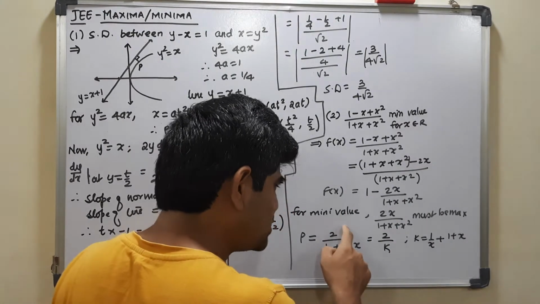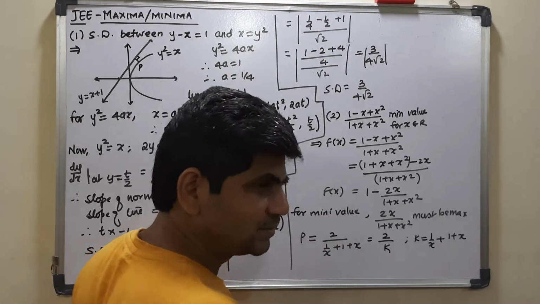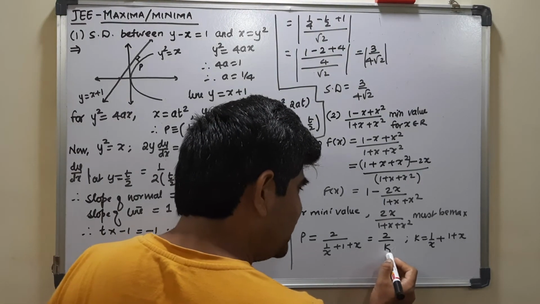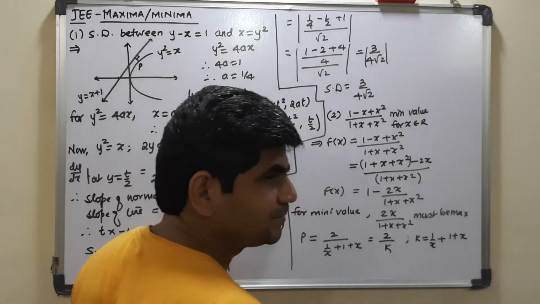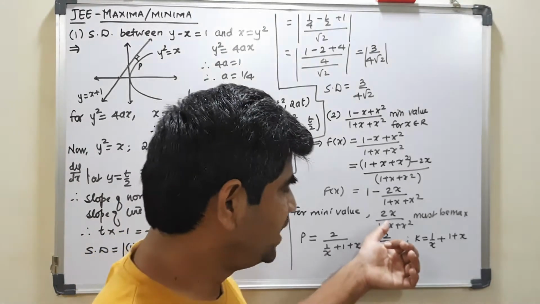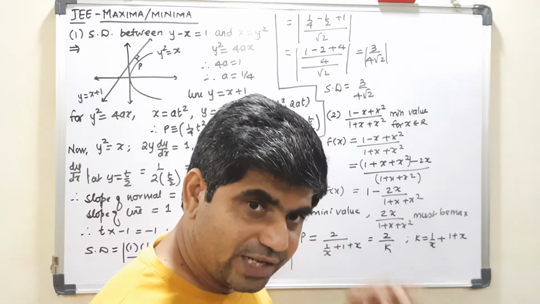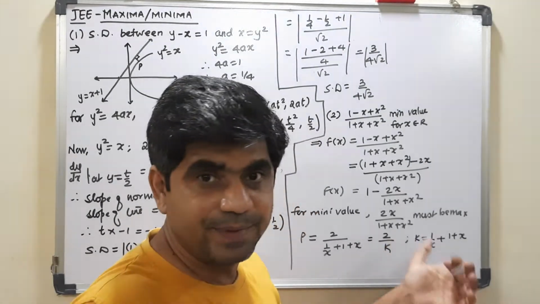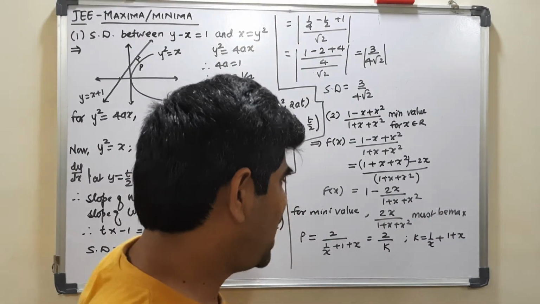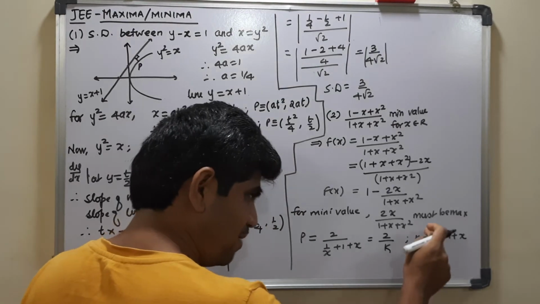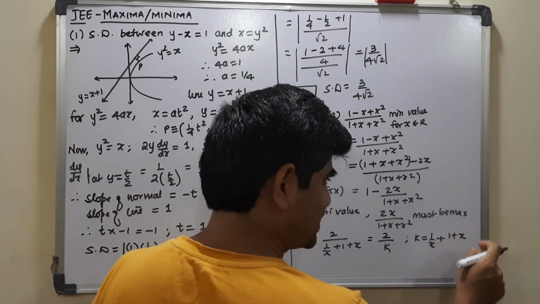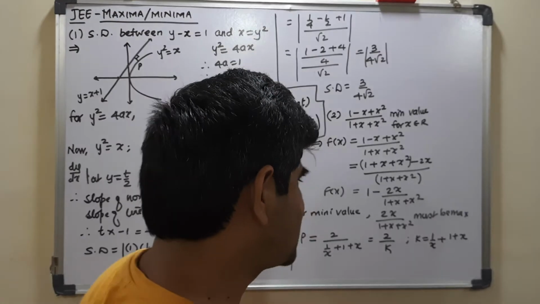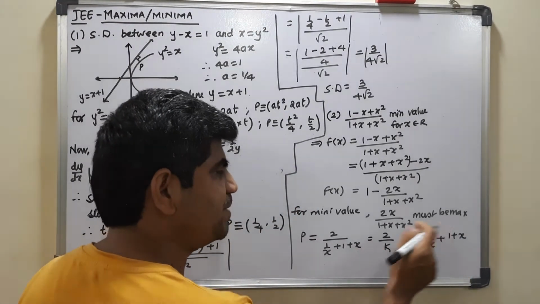If this p I want maximum, then 110% this denominator must be minimum, because if the denominator is minimum, the division will be maximum. That means this k value must be minimum. So I can say here that 1 by x plus 1 plus x must be minimum. Okay, so this k which is there must be minimum.